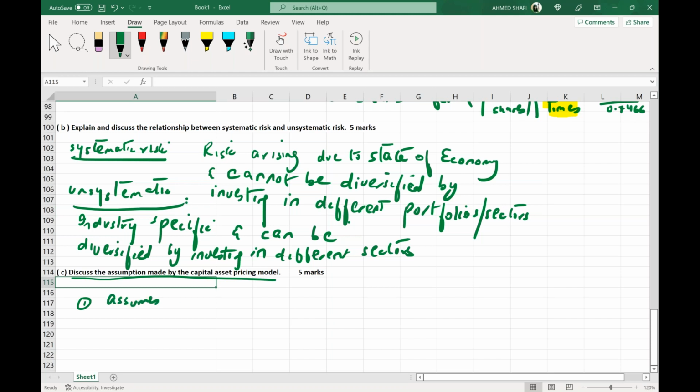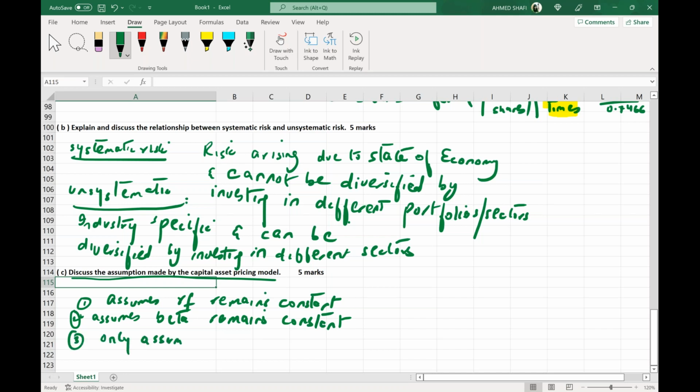It assumes the risk-free rate of return remains constant. It does not change in between. It assumes the beta factor remains constant.